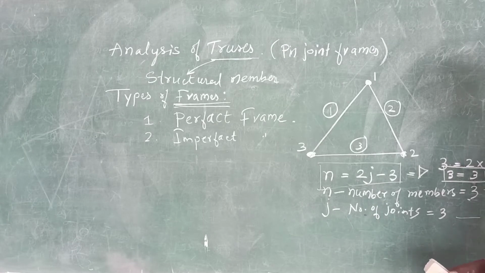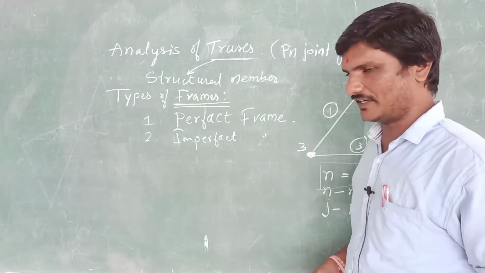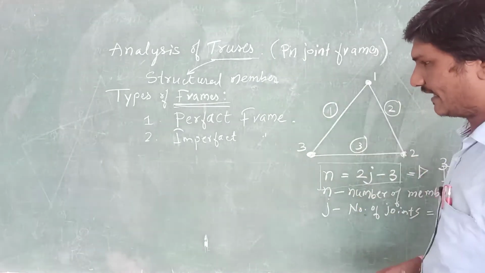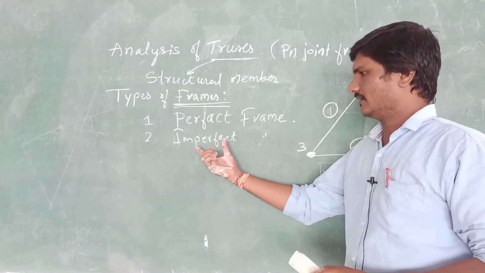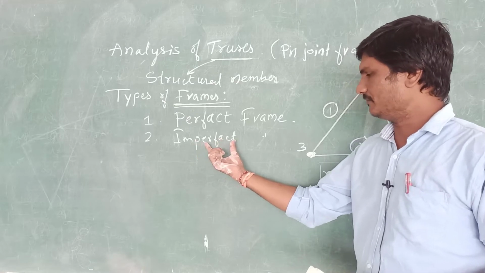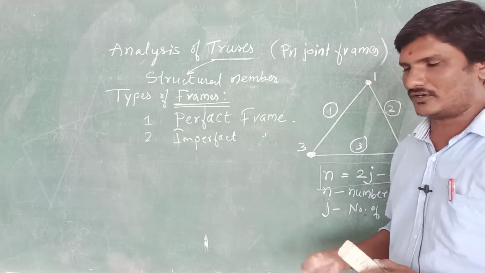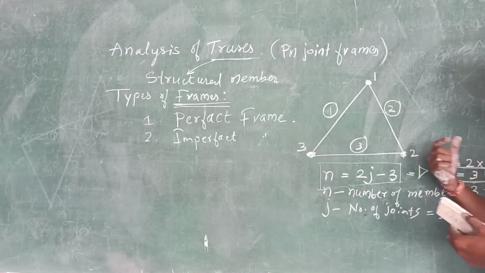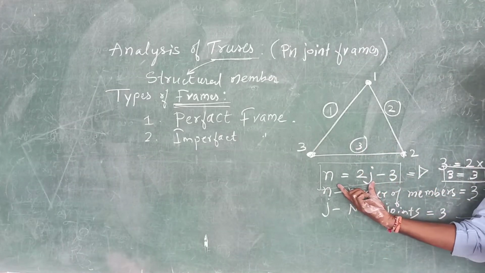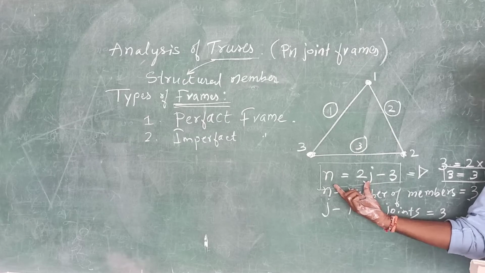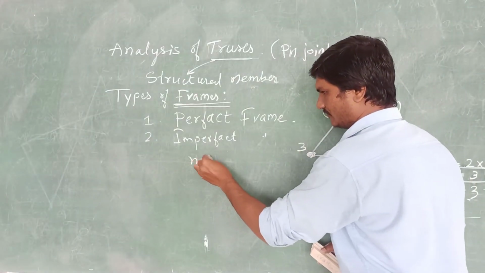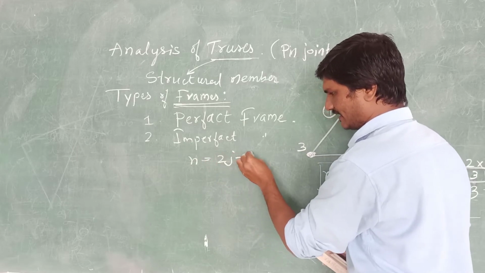Okay. Now we'll go for imperfect frames. In the imperfect frame, the number of members is less or more than the equation, the number of members, let us say n is equal to 2j minus 3.